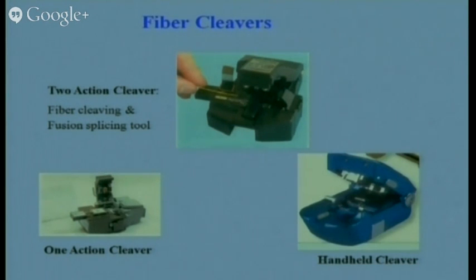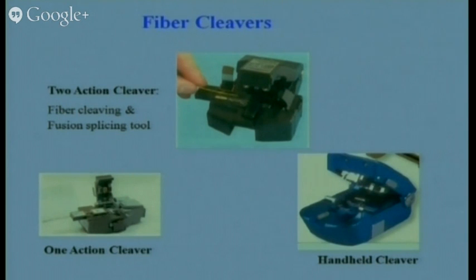For example, if you have this fiber, you need the tool to cut it. You see, this is a tool. We call it a stripper. So you have to remove the outer part of this tube using a stripper. Okay.